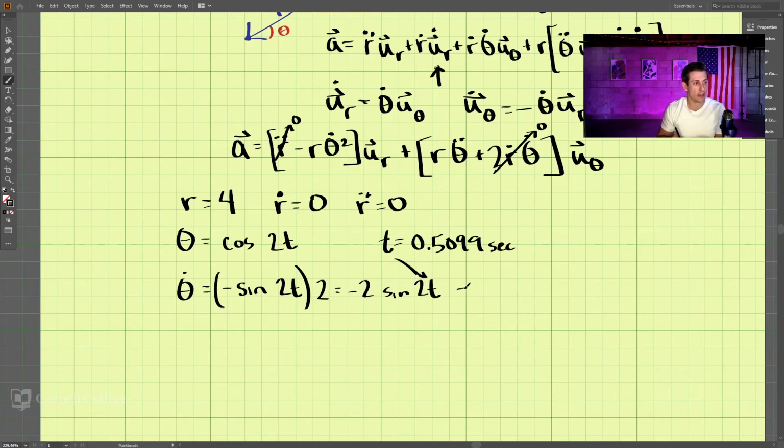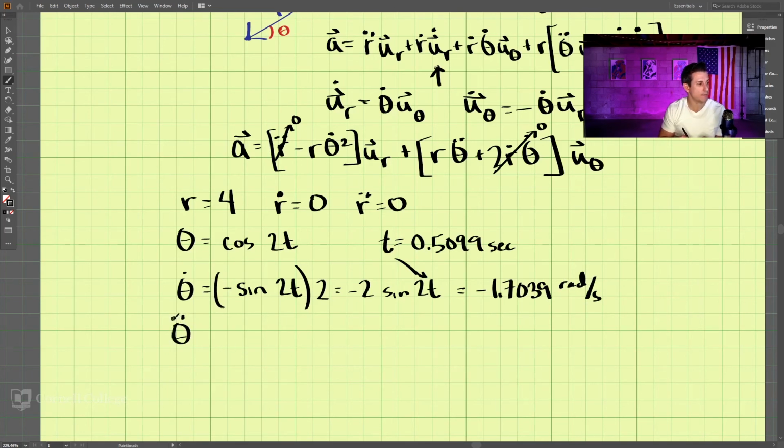So since we're looking for the acceleration at that point, we put in that value here for t. All right. So theta dot comes out to be negative 1.7039 radians per second. And then we do the same for theta double dot.